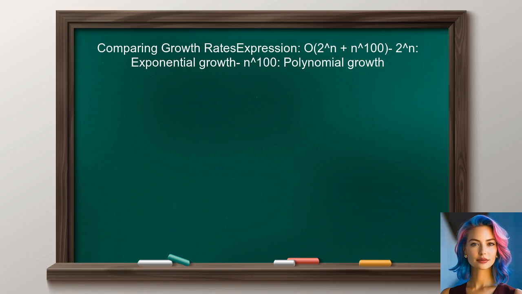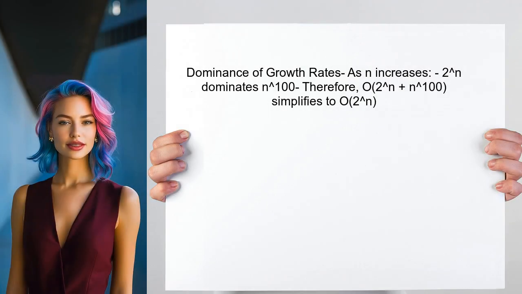The term 2 to the power of n grows exponentially, while n to the power of 100 grows polynomially. As n becomes larger, the exponential term 2 to the power of n will dominate the polynomial term n to the power of 100. This is why we can drop the insignificant part when expressing the overall complexity.